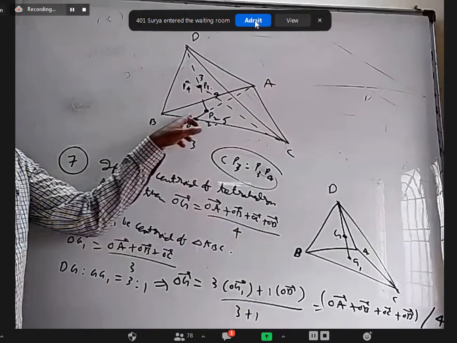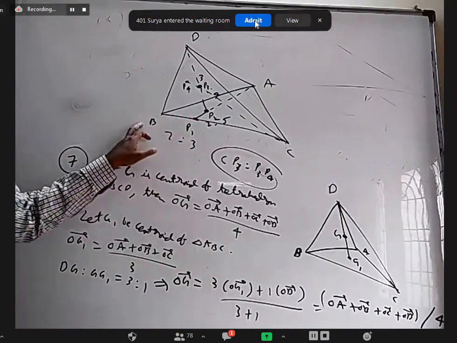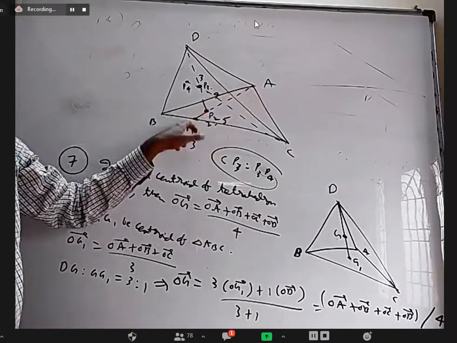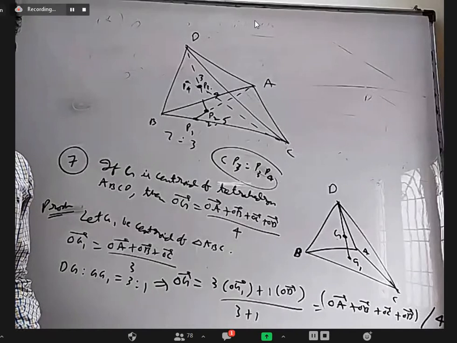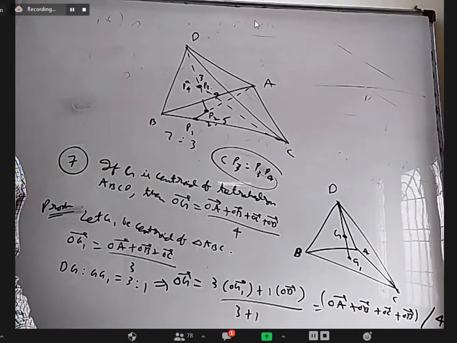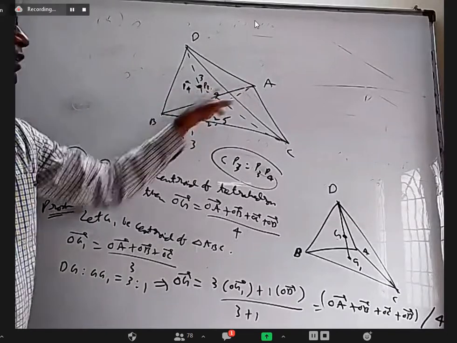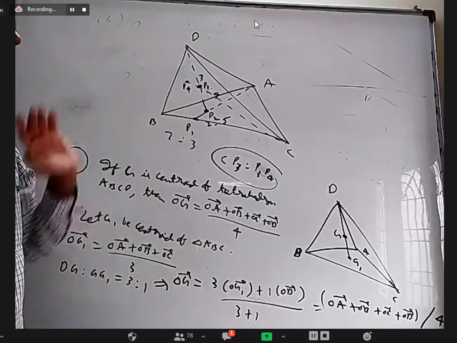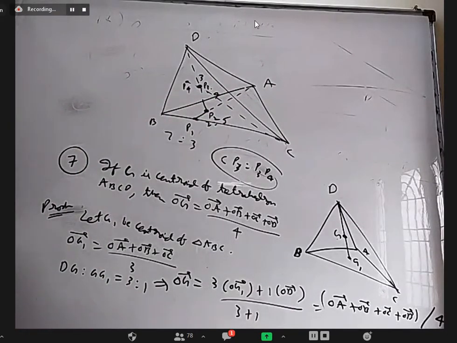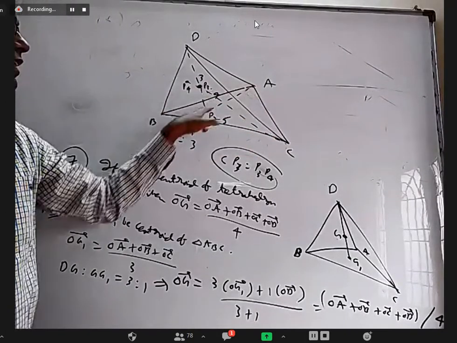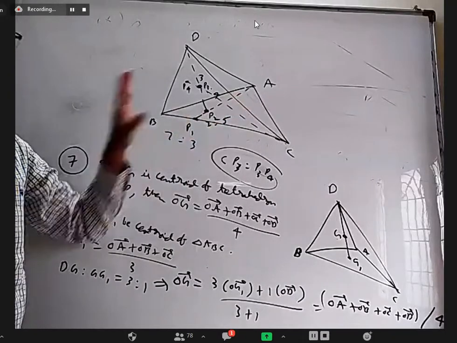I said first to take a point on BC, dividing B and C in some ratio 7:3. Join A and P1. Is that okay now? Now, on AP1, take a point which divides A and P1 in the ratio 2:5. Call it P2. So first we started with the line segment. Next, we took a point inside the triangle ABC, which divides AP1 in some ratio.